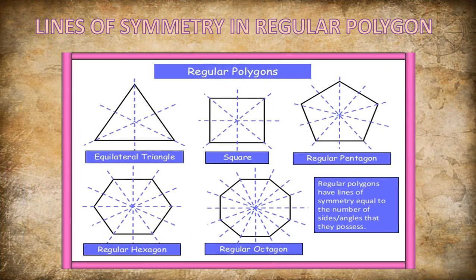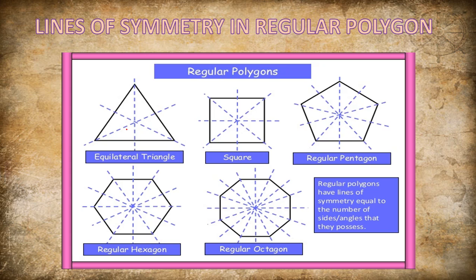Now we can draw the lines of symmetry in regular polygons also, like this. A regular triangle, that is an equilateral triangle, has 3 lines of symmetry. A square has 4 lines of symmetry. A regular pentagon has how many? Count it. 1, 2, 3, 4, 5. 5 lines of symmetry. In the same way, regular hexagon and regular octagon.